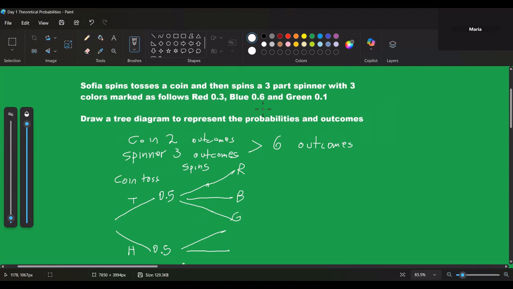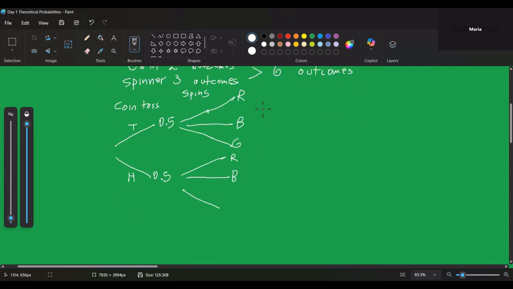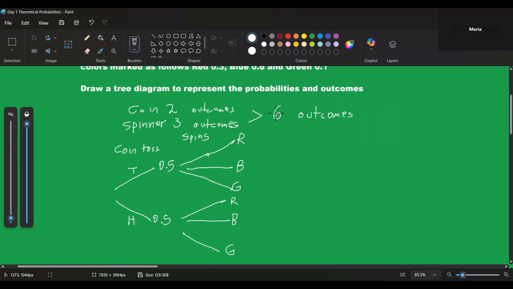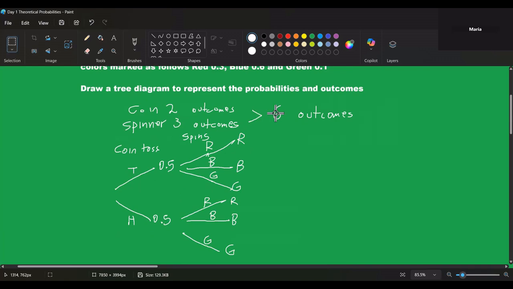The same thing will happen here. Now, let's write the probabilities. Again, let's be consistent: red here, blue here, and green here, for consistency's sake. It's easy to maintain some logic when we do that.